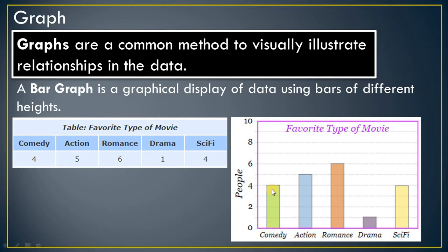Comedy represents the value 4, means the comedy movies are 4, action movies are 5, romance movies are 6, drama movies are 1, and scientific movies are total 4. So in this way you can represent the information in the form of a graph, so that we can easily differentiate and easily find the relationship also.